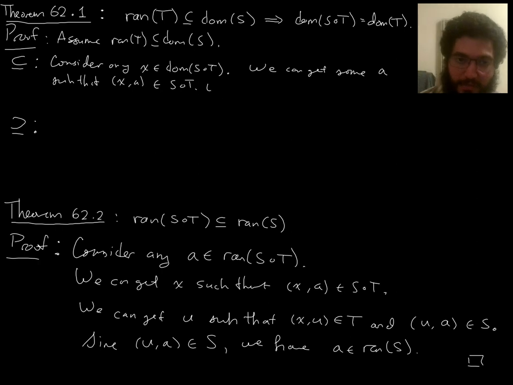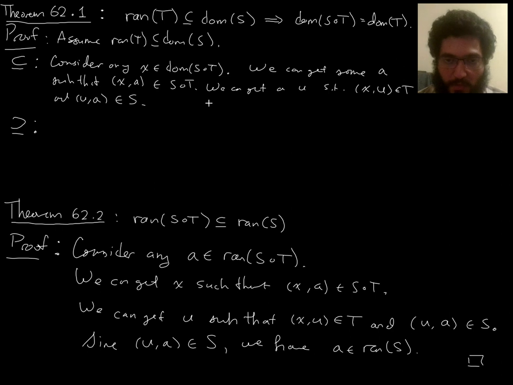That means I can get a middleman. So we can get a u such that xu is in T and ua is in S.